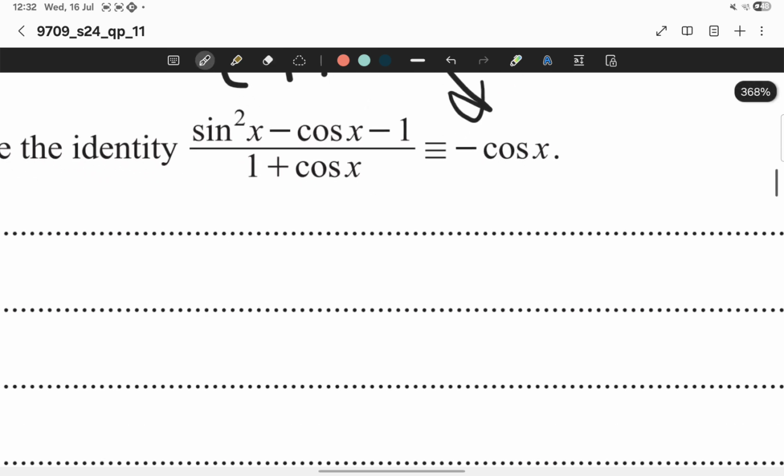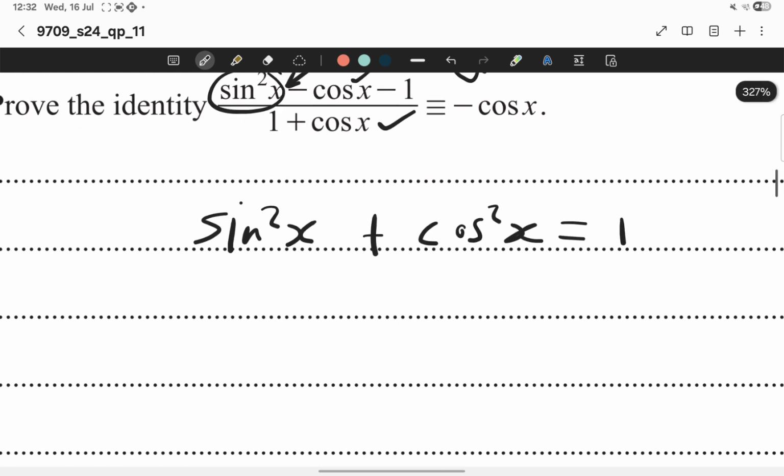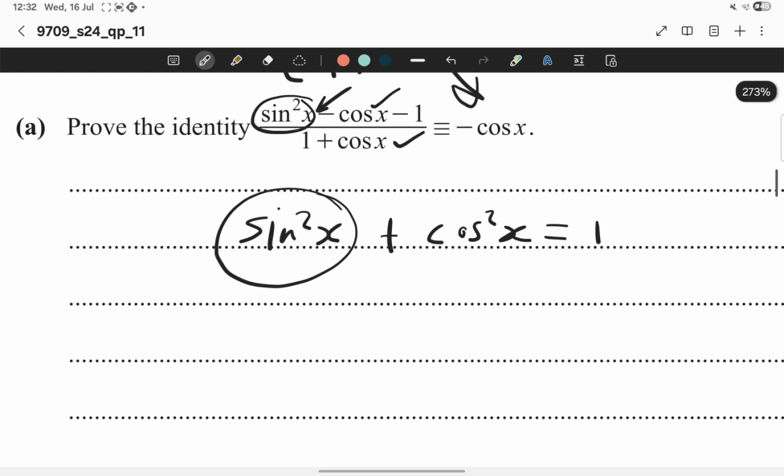So using the left hand side, we see that we have cos x here and cos x here and sine squared x. So we can write sine squared x in terms of cos squared x. Using this identity, sine squared x plus cos squared x is equal to 1. If we make sine squared the subject, we get 1 minus cos squared x.